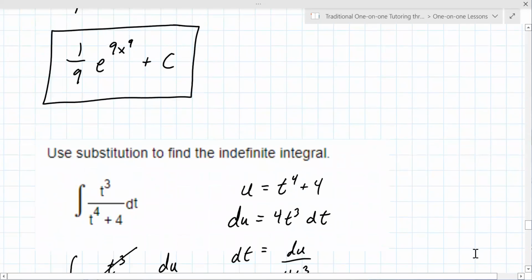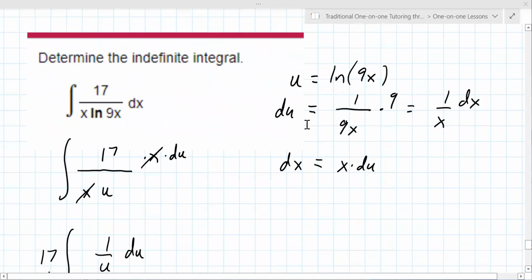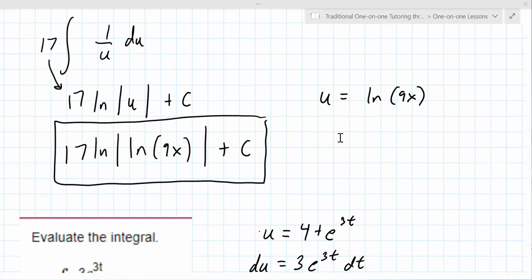All right. So 1/2 to the 4th, 14 cubed. Cancel that. Yeah, this looks good. 17 times 1 over that times derivative of that.